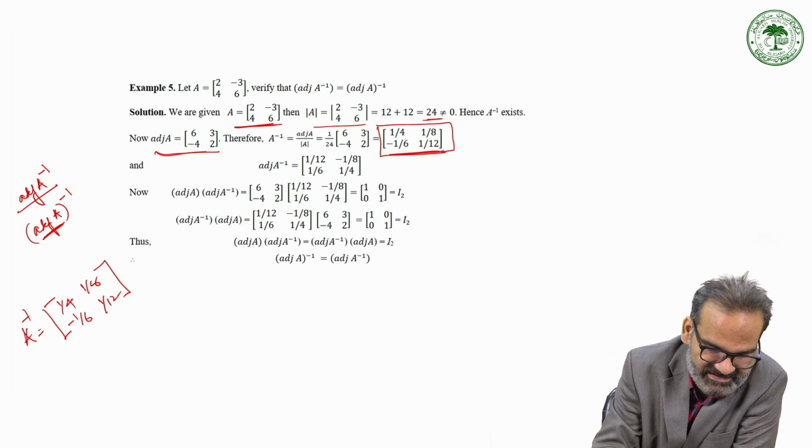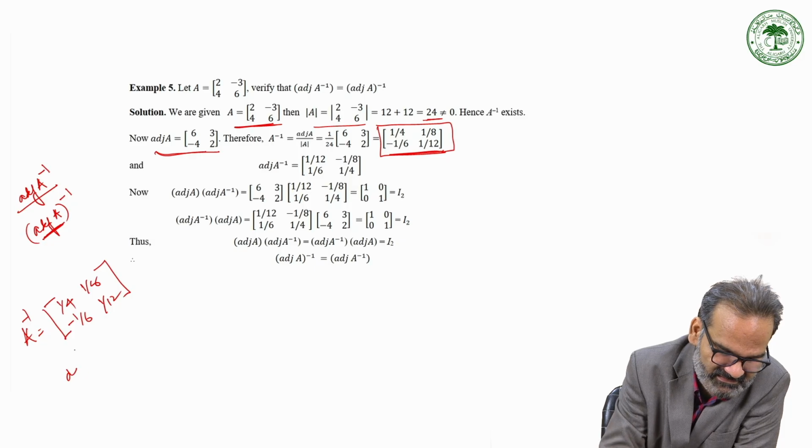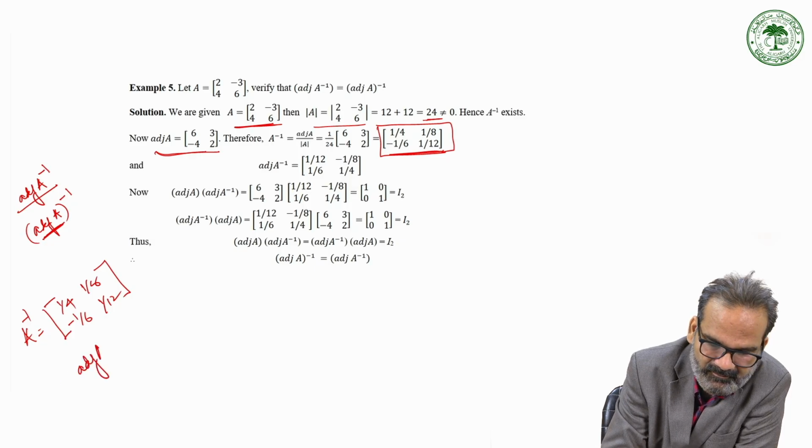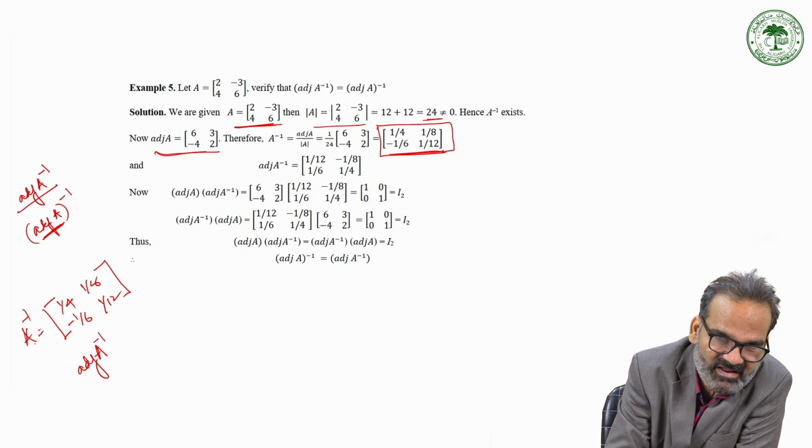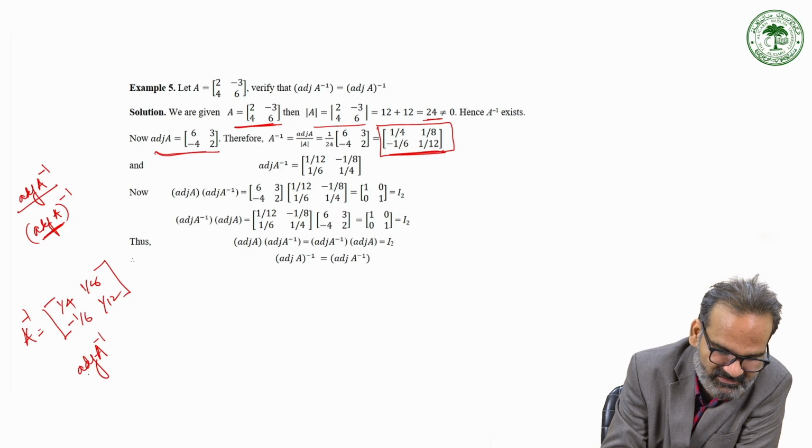Now take its adjoint. Because if this matrix had been A, we would call it the adjoint of A, but here this matrix is A inverse, therefore it will be denoted as the adjoint of A inverse.